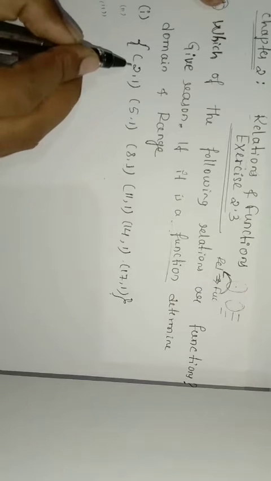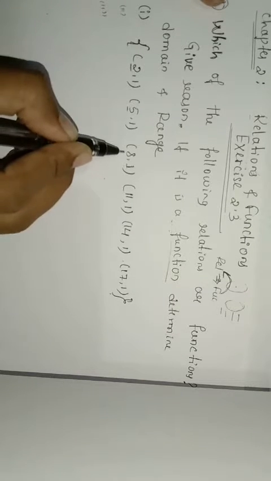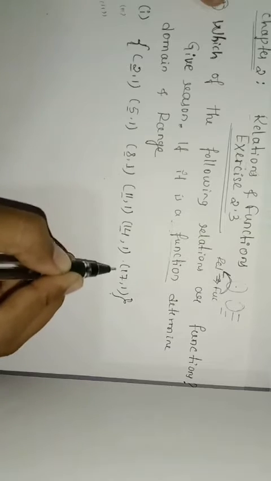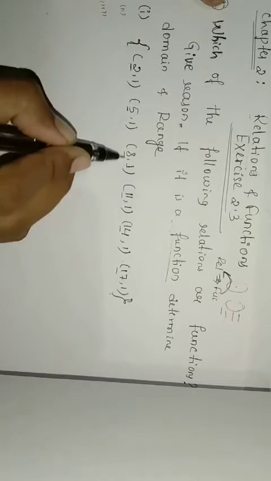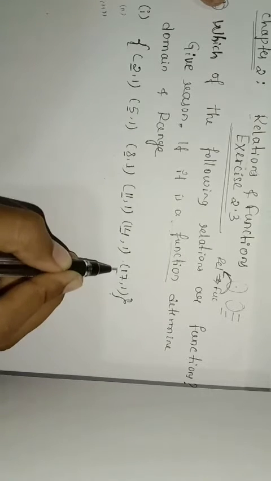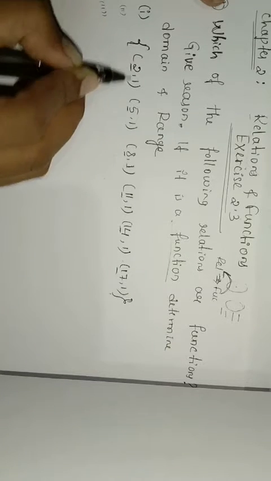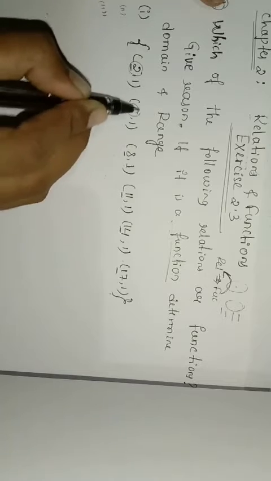See, I told you the first element in the given set is given as a relation. I have to check the first element in the ordered pairs.